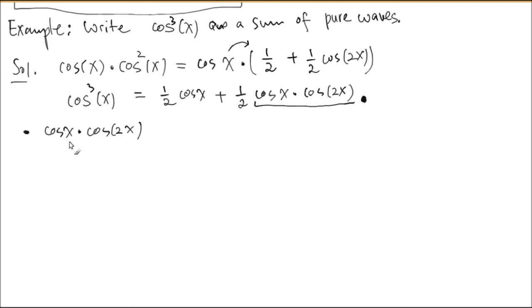I would like to call that x part s, and the second part t. In today's board work, where did this cosine s times cosine t show up? If I call that x as s and 2x as t, something different, then it's a cosine s times cosine t.